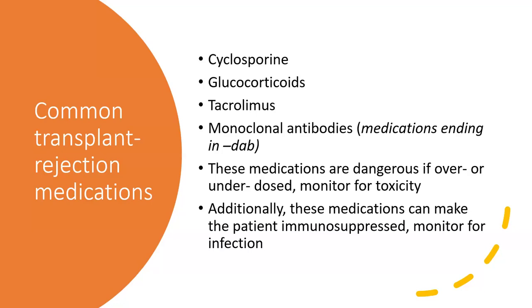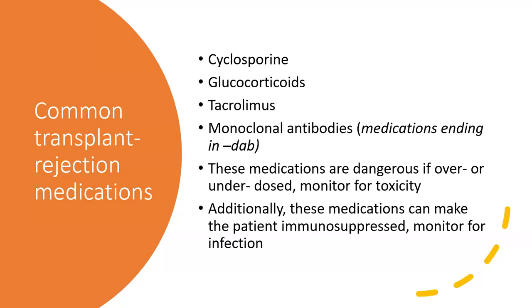But what other consequences could that have? It has widespread systemic consequences because when you stop the immune system from working as well, you are also allowing viruses and bacterial infections to run amok throughout the body. So, cyclosporin is often a medicine that's used.